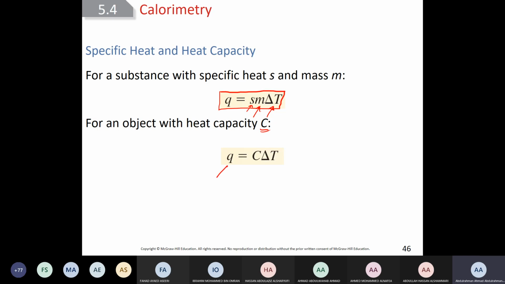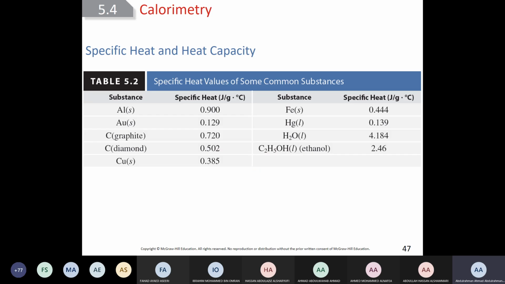Q is equal to C delta T, where C is heat capacity and delta T is change in temperature. So what's the relation between C, S, M? C equals M times S. Memorize these two equations. Very good.